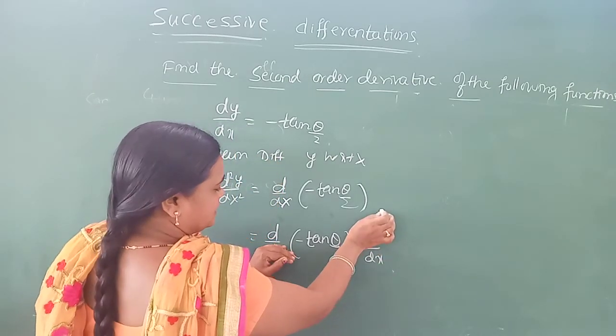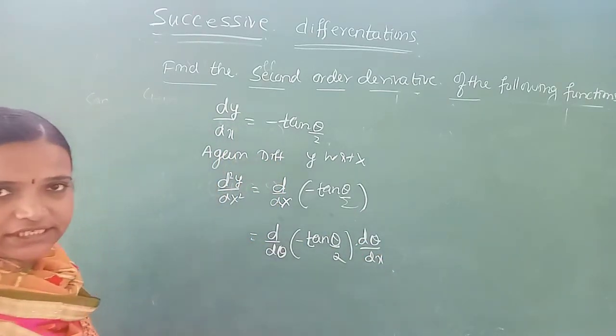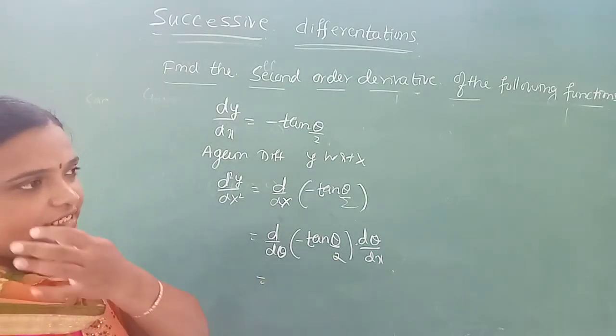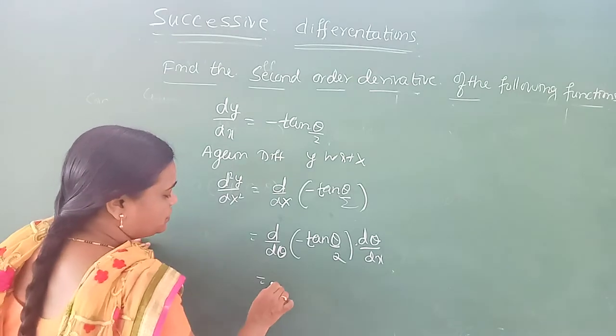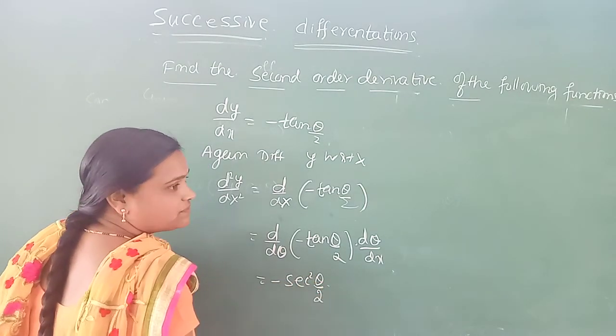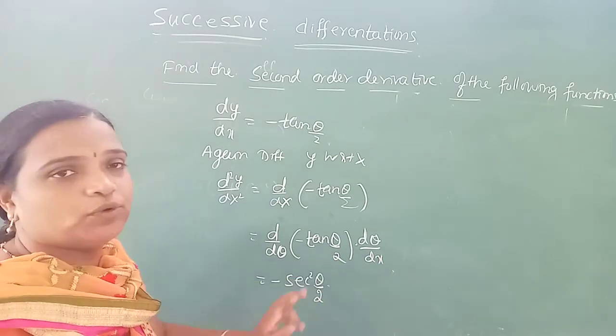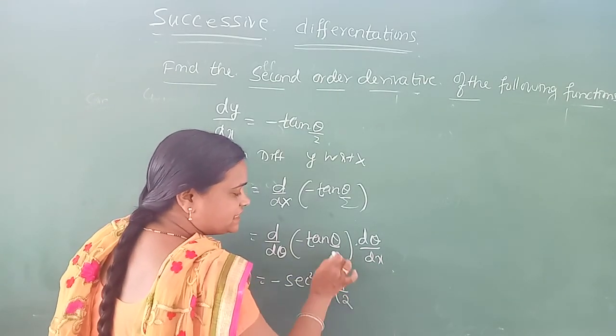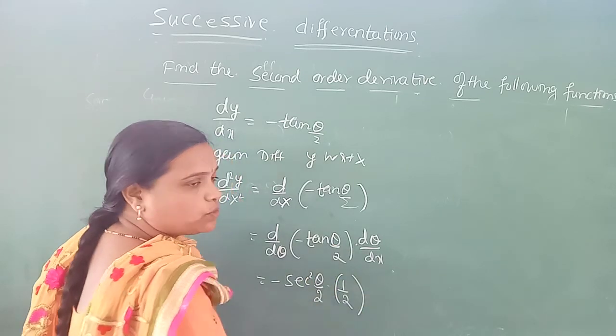If we cancel, we get d by dx. And next, see, tan theta by 2 is there. The tan differential is secant square. Therefore, we can write minus secant square theta by 2, but it is a function of a function, theta by 2. Theta by 2 differential is a half, constant as it is, theta differential is 1, so 1 into 1 we get 1.